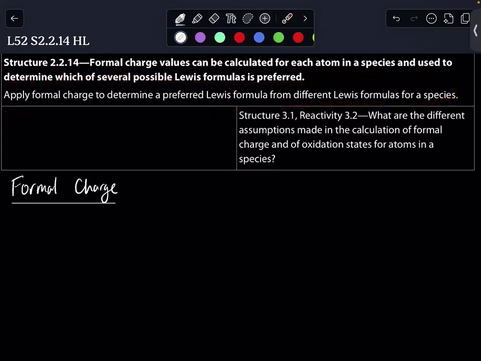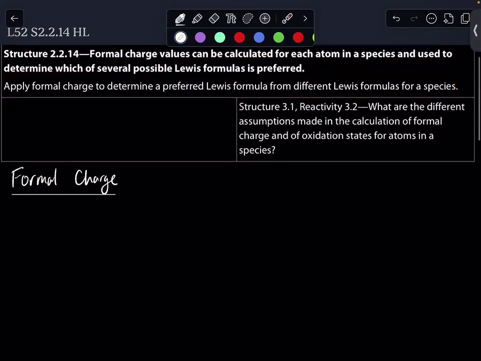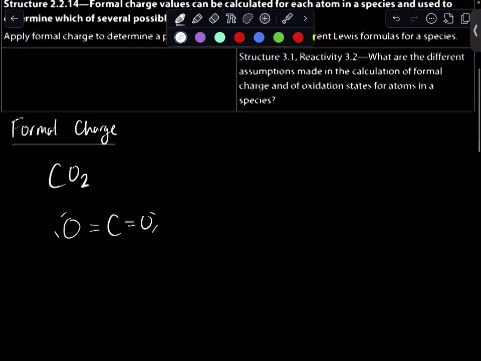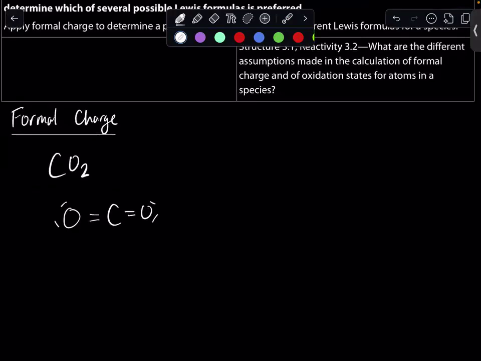So when we start talking about formal charge, we should consider the Lewis structures of some atoms or molecules. So let's start with CO2. You should be able to draw CO2 currently, and your drawing should look something similar to this: a linear molecule, two double bonds to each oxygen, with some electron pairs.